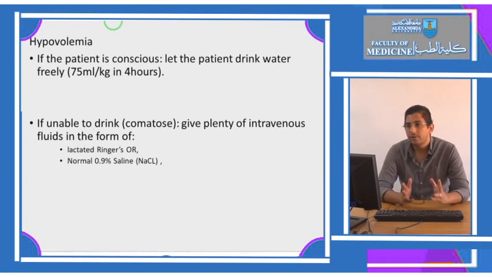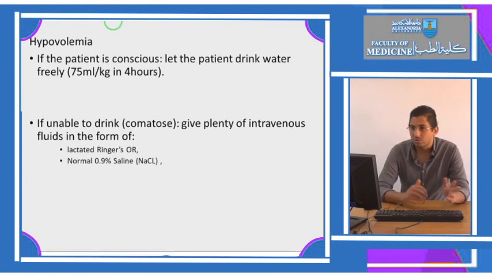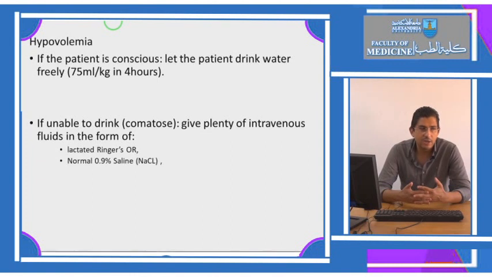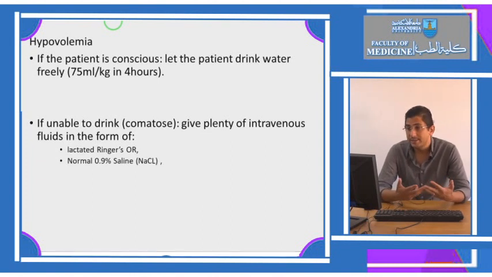So you give the patient, whether he's conscious or unconscious, either ORS, the oral rehydration, or just let him drink water freely, in the patient who is conscious and can drink on his own, and there isn't any fear of, for example, aspiration.